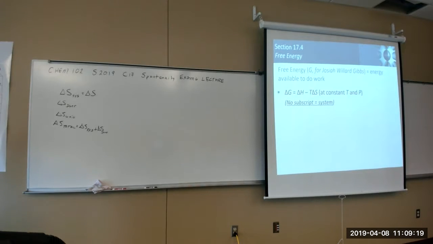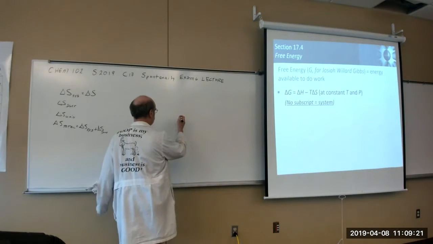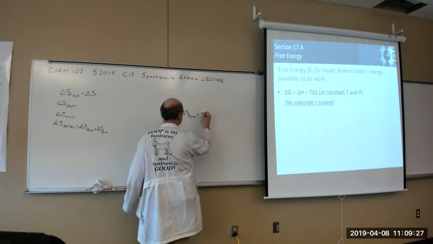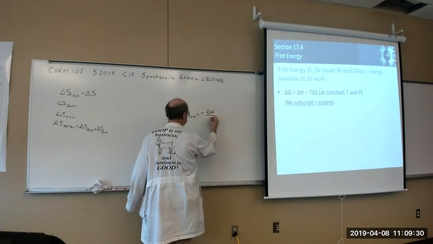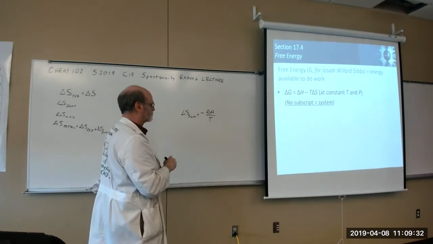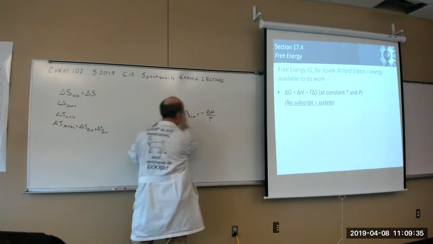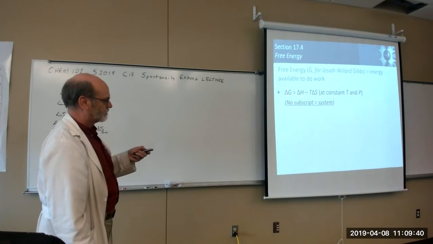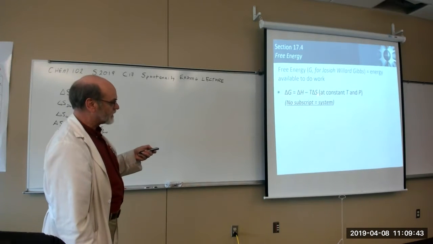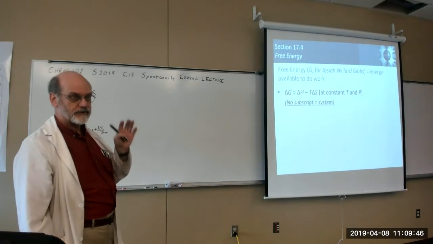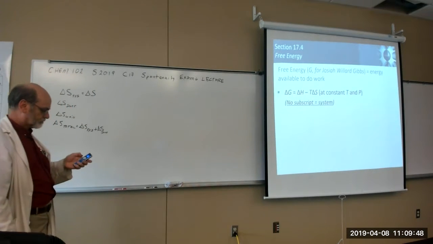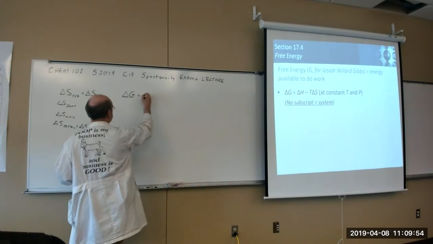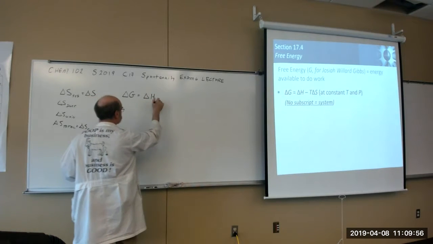Now, if you look at the units of measure, what did we say for delta S for the surroundings equals minus delta H over T? Well, no, that's not fair. Let's not go there yet. Sorry, because this is the system, right? That delta S has no subscript, so it is the system. This is the maximum amount of work that you can get from a reaction that has this enthalpy.